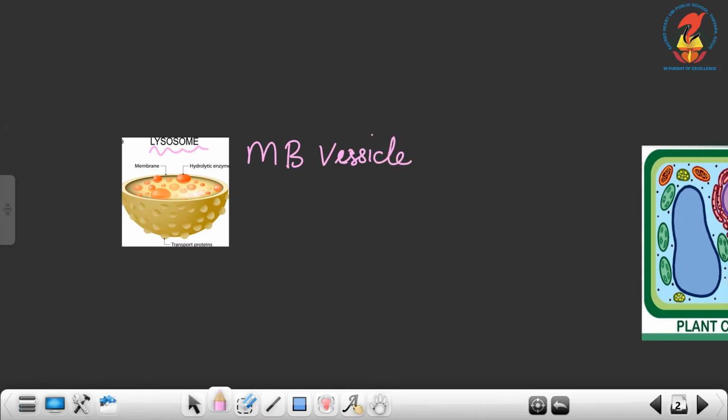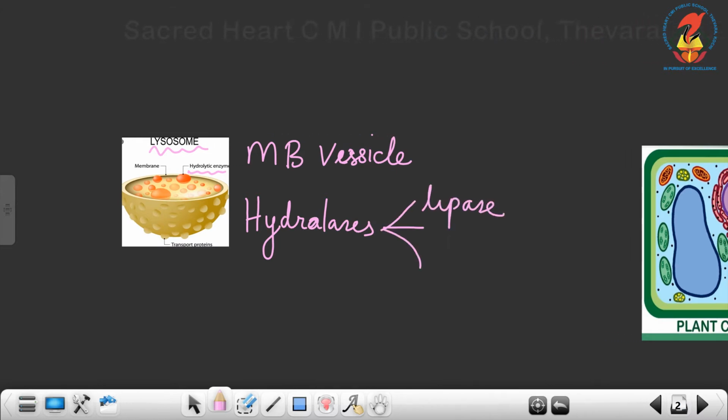Only thing, what it contains is the hydrolytic enzymes. Hydrolytic enzymes belong to a group of enzymes called hydrolases. And there are different types of hydrolases depending upon the substrate: lipases which digest lipids, proteases which digest proteins, carbohydrases which digest carbohydrates, and also nucleic acids.